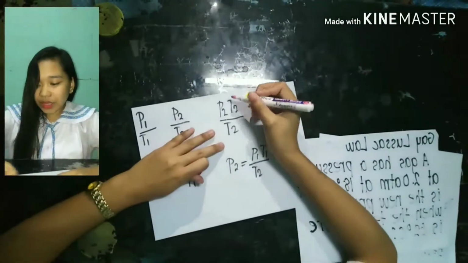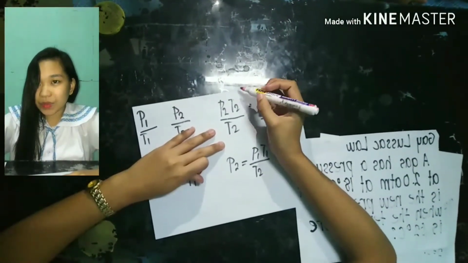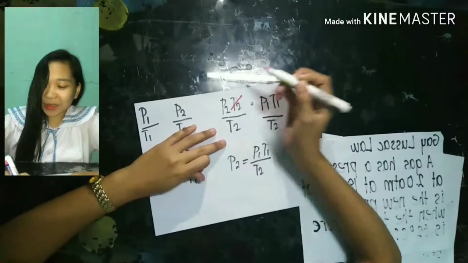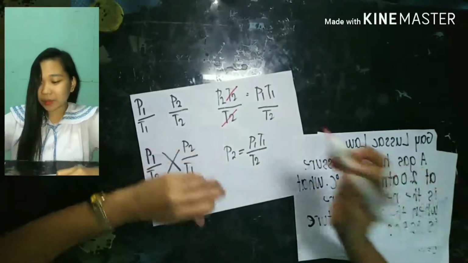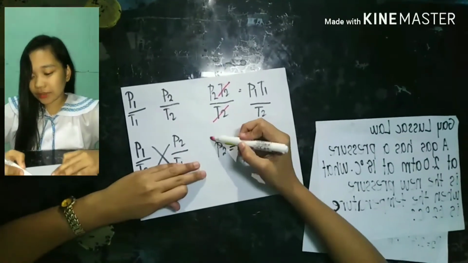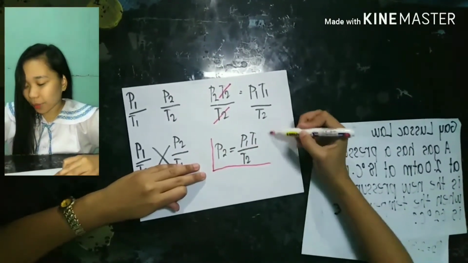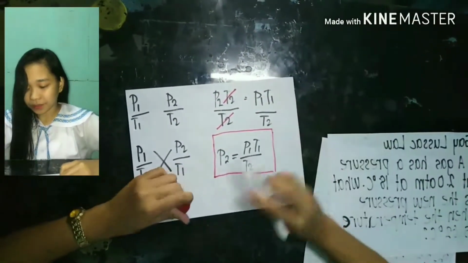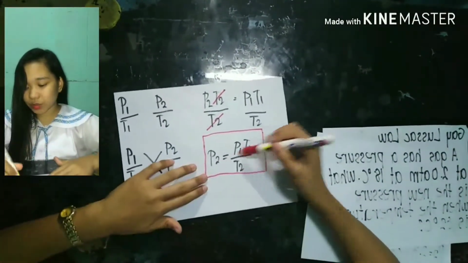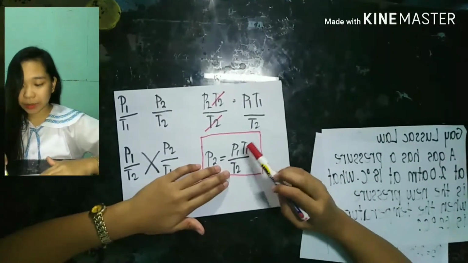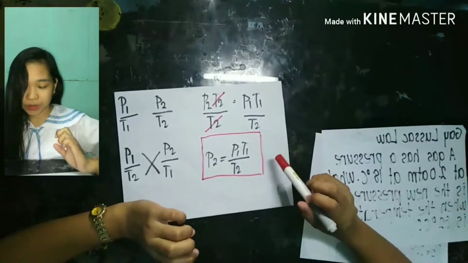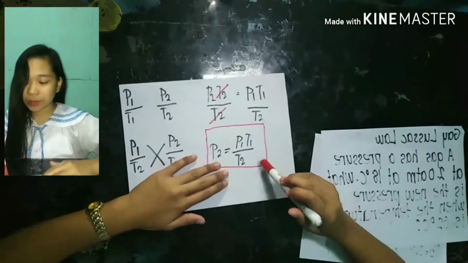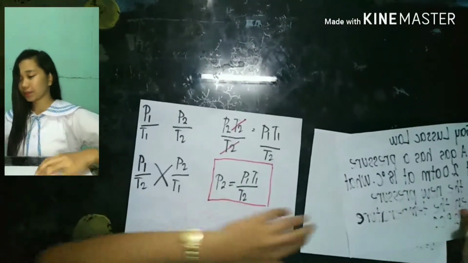Then we cross out the final temperature. So this is the final formula: final pressure is equal to initial pressure multiplied by final temperature divided by initial temperature.